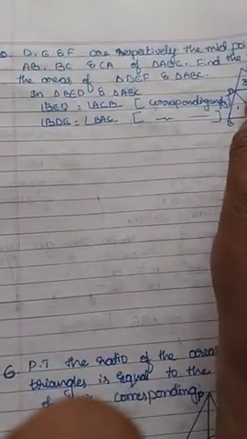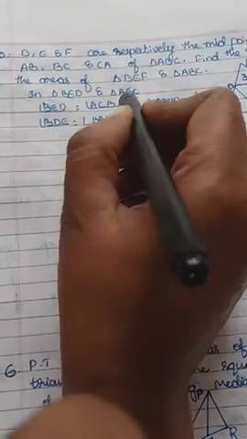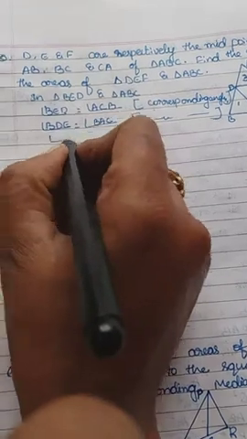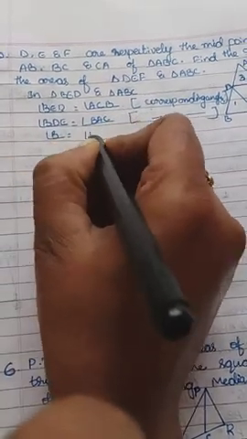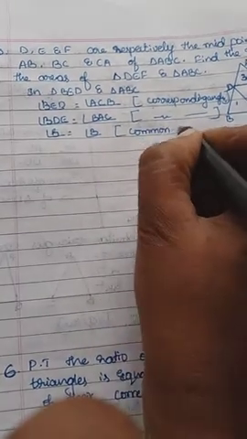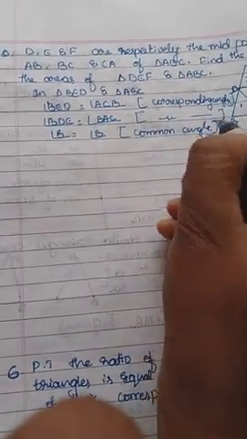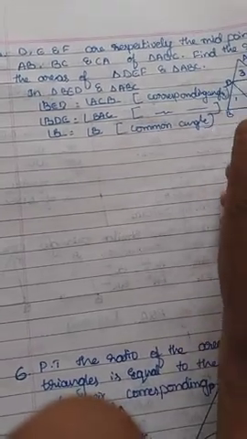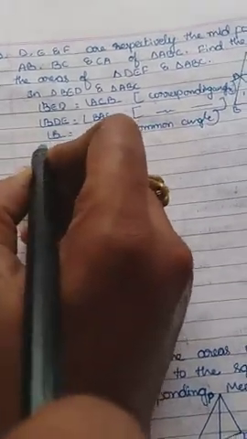Which is the common angle? In triangle ABC, I mean the common letter is B, so angle B equals angle B, that is the common angle for both. We can write this angle B as angle ABC and angle DBE also, but it is common, that's why I am taking one only.